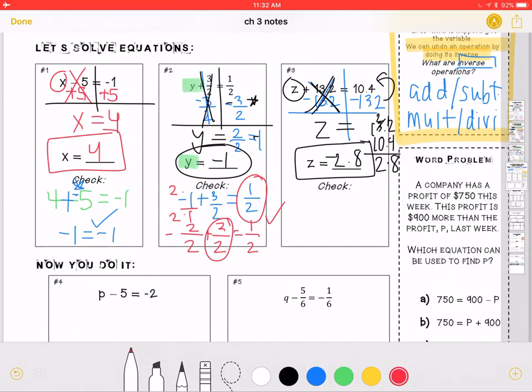Do a check. How do we check it? We're plugging in -2.8 for z in your original equation. And I'm going to solve this now, the left side, to see if I'm going to end up with 10.4. So I'm looking, these have different signs, so I should subtract them.